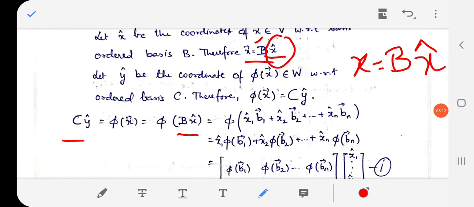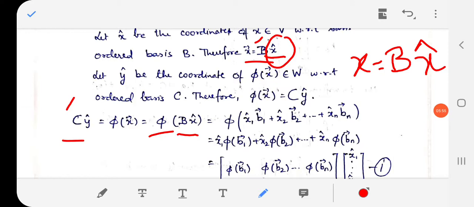So y vector is the mapped vector in the vector space W, and y hat is the coordinates of y vector with respect to basis C. Ultimately, whatever linear mapping phi you take, when you apply it to any vector x, it will change this vector to the y vector.